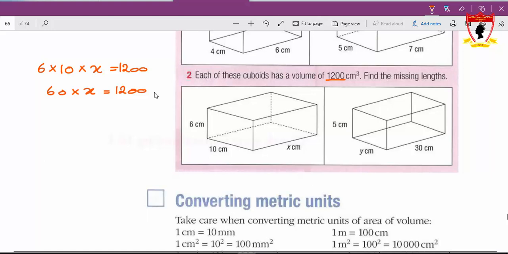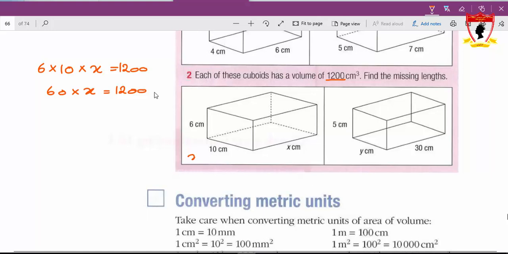Ignore the 0 here and 1 0 here. 6 times which number will be 120? So it's 20. Then x is equal to 20. Or you can divide both sides by 60 and you'll get that x is equal to 20.